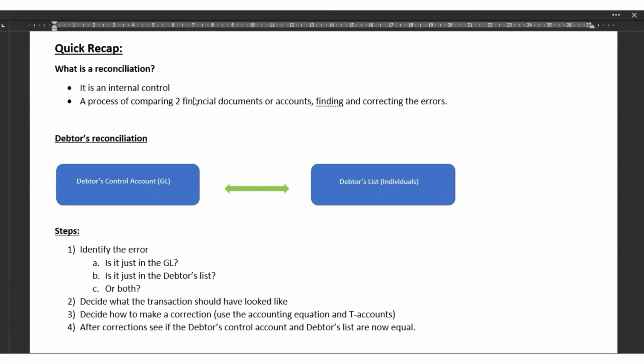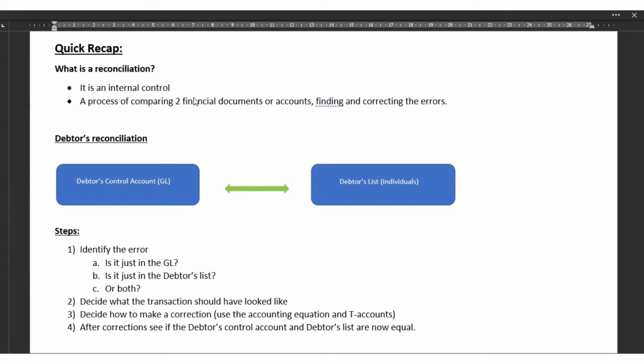So how do we do this? First, we identify the error made. Has it been made just in your debtors control account in your general ledger, or just in your debtors list? Or is it an error that needs to be corrected in both your ledger and your list? Then decide, what should my transaction have looked like?